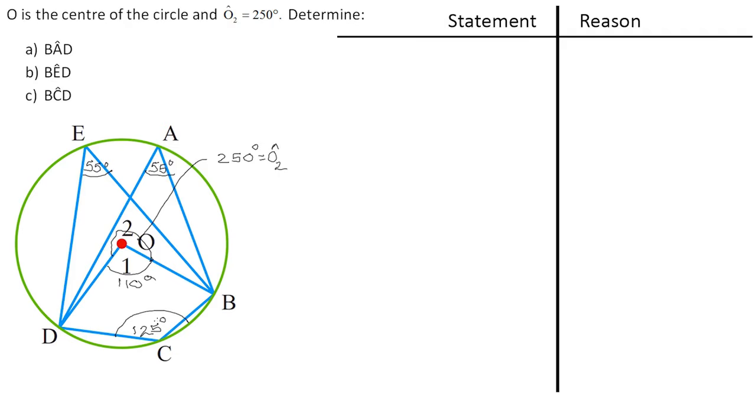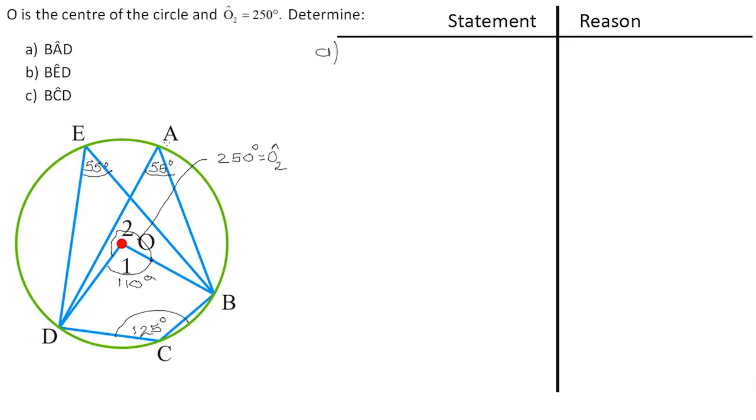Let's look at question number A. Question number A, they want BAD. Can you people see we've already solved out BAD? But now we need to write it in a proper format. How did we find BAD? Before BAD, we have found first O1. So in other words, let's work out O1 first, because we need to get our procedure correctly.